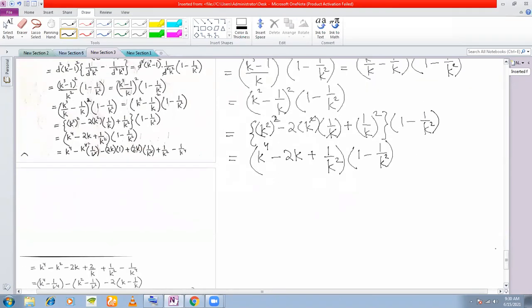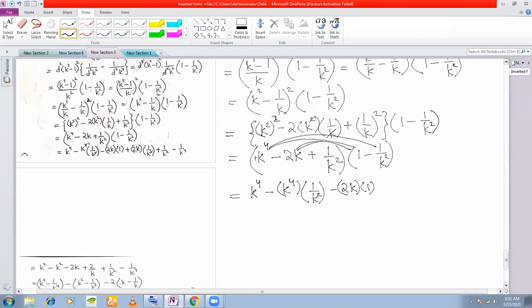Okay. Now we multiply everything. How do you multiply? First multiply k to the power of 4 with 1, to get k to the power of 4. Next you multiply k to the power of 4 with k square. Because there is a minus sign, plus and minus will combine to give you a minus sign. K to the power of 4 into 1 by k square. Fine. Next you multiply minus 2k with this 1. You get a minus 2k into 1.